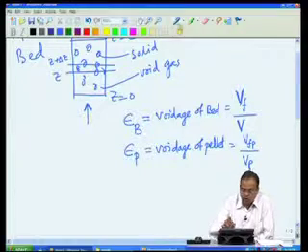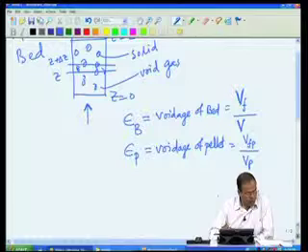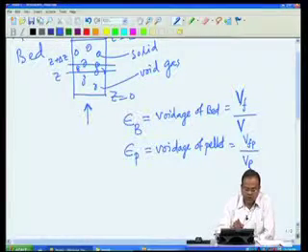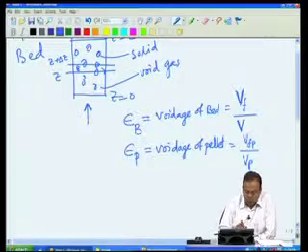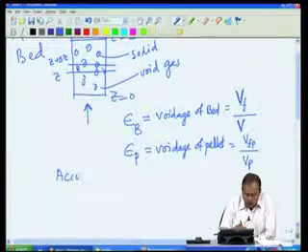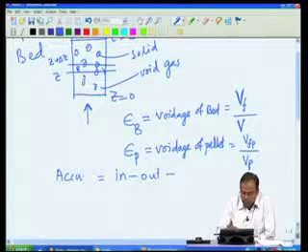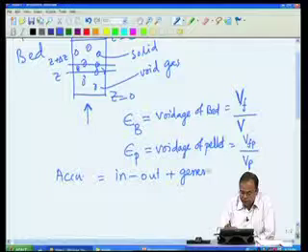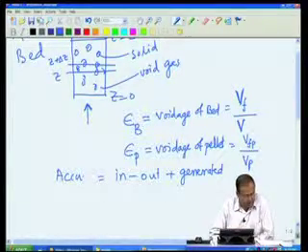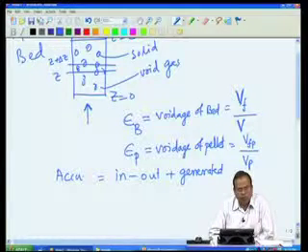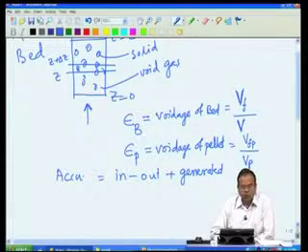So, let us try to write down the mass balance equation for the component J, which is part of this reacting stream. So, as before, we will do accumulation equal to in minus out plus generated. Same as before. Now, let us look at the accumulation term.